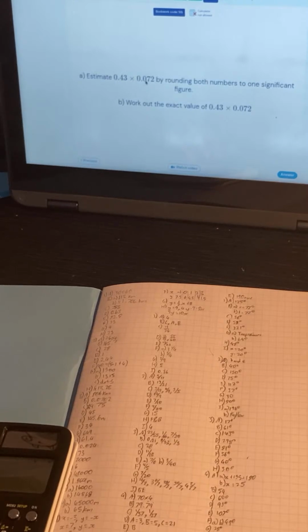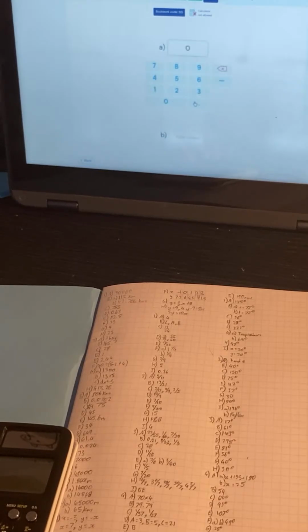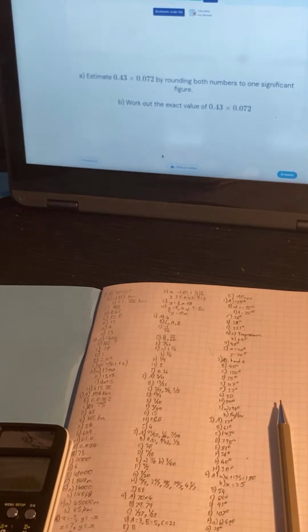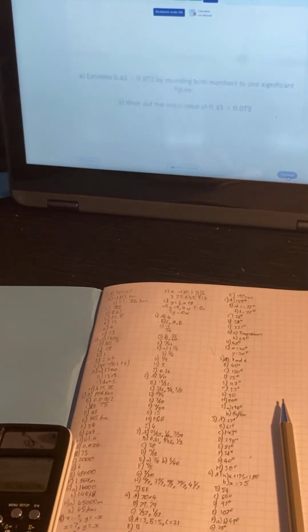By rounding to 1 sig fig, 0.07, 0.4, 28, divide by 1,000. Surely my mental maths isn't wrong. Oh, it's correct, surprisingly.